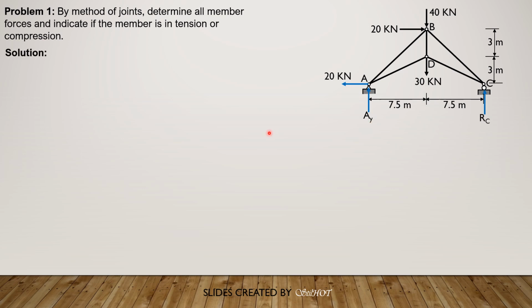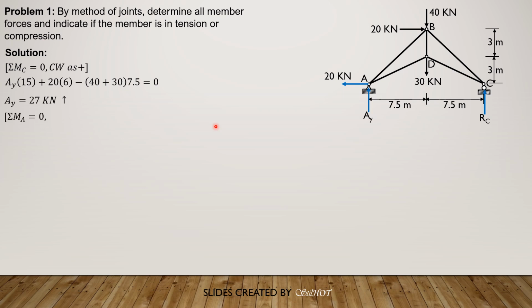Let's sum up moments about point C equals 0, clockwise as positive. So we have AY times 15 plus 20 times 6, then minus 30 plus 40 combined because they have the same moment arms, so 70 times 7.5 equals 0. Solving for AY, AY is equal to 27 kilonewtons upward.